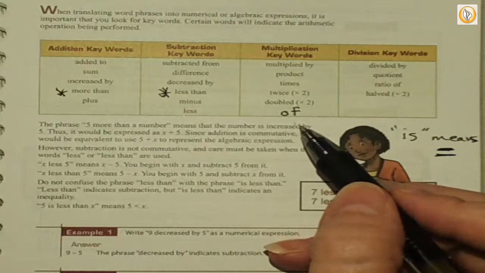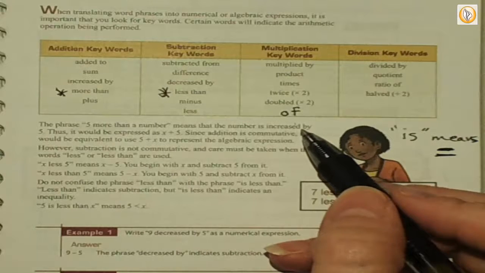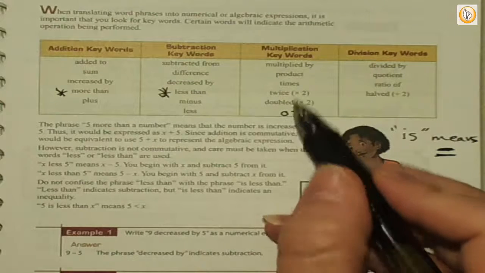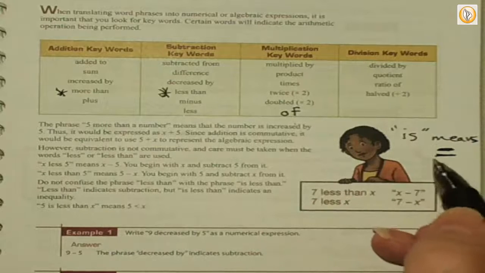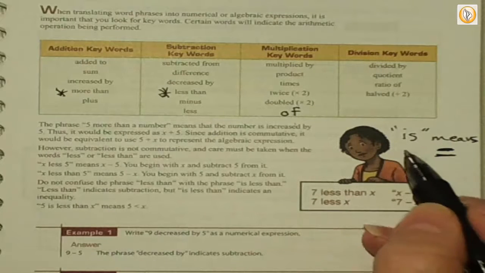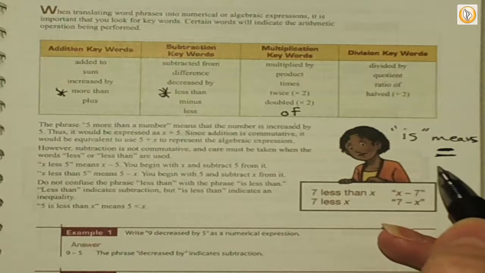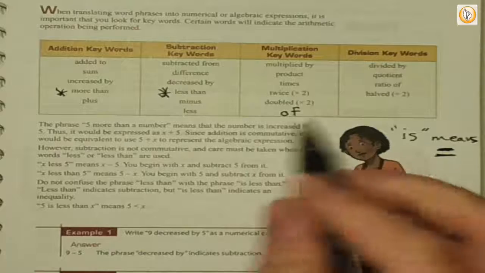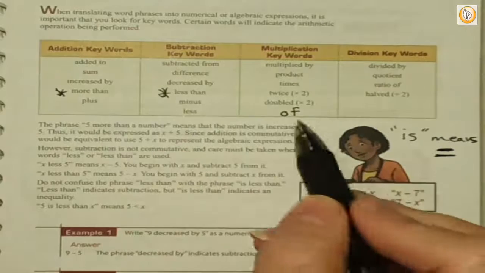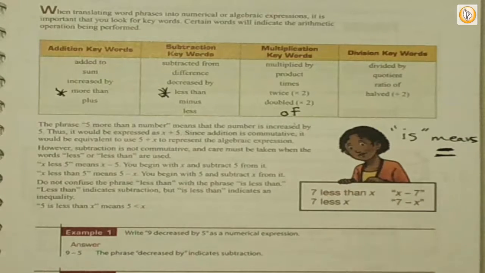Memorizing that whole list of words is way harder than memorizing that of means multiplication. Okay, so also add this. Is means equals. If you pay close attention to my little tips here, more than, less than, of, and is, what they mean, you will do just fine.